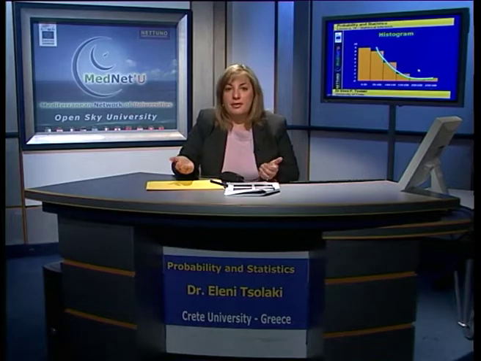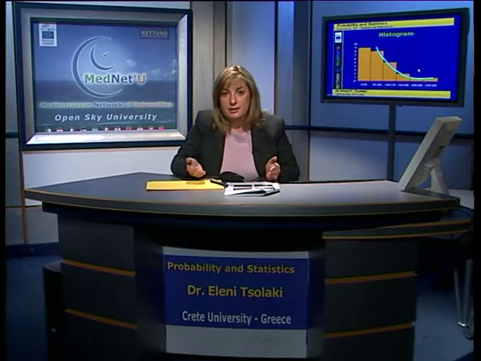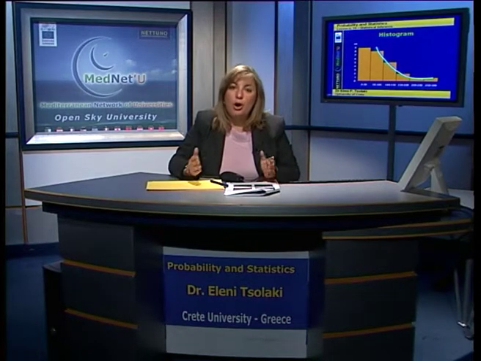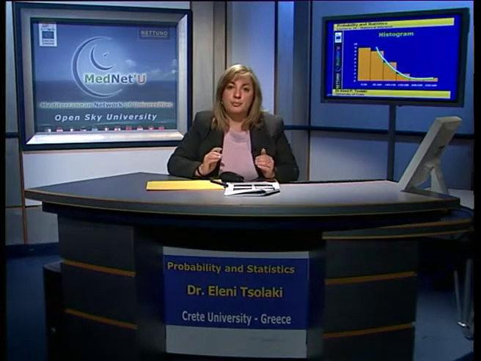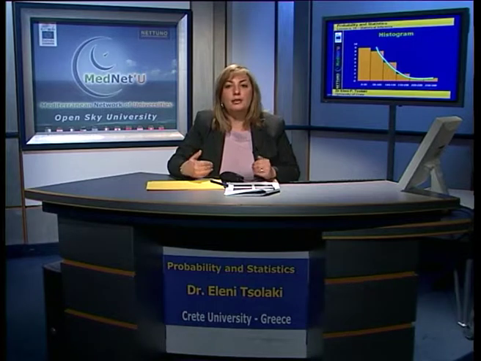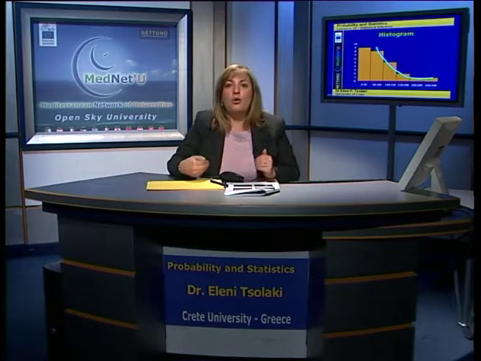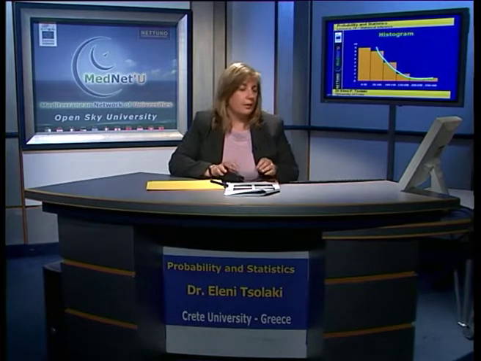Now, this is not known, this cannot be certain, unless we have information that it is true, that they come from an exponential distribution, or we suspect that they come from an exponential distribution, and we need to make inference, to draw conclusions for the population from the sample.